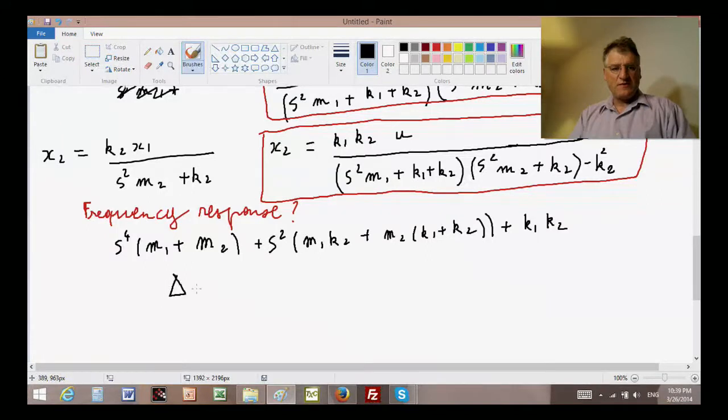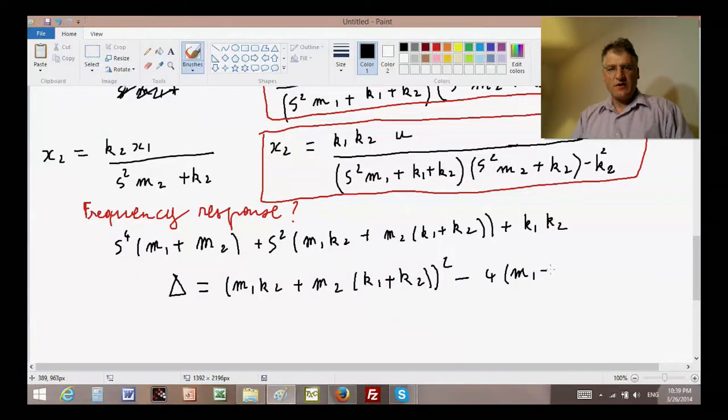The discriminant is m1 k2 plus m2 times k1 plus k2, squared, minus 4 times m1 plus m2 times k1 k2.